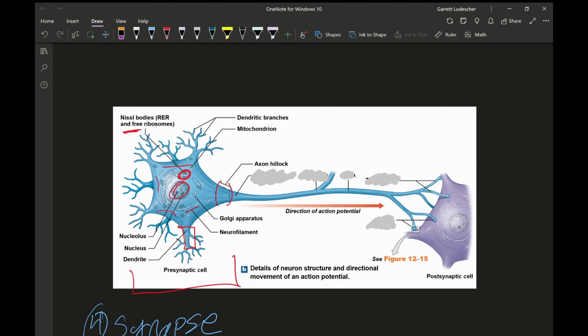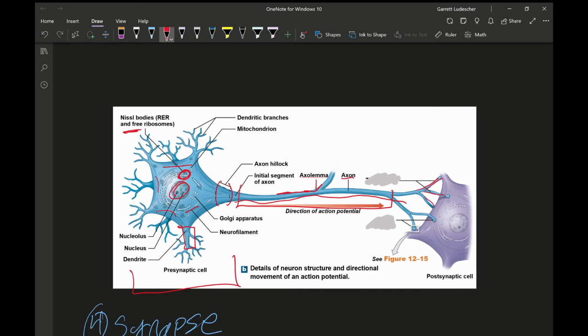And then this area over here is the axon hillock, which connects to the initial segment of the axon. And then this whole section right here is the axon. And it looks like this line is pointing to the edge of the axon, which would be the axolemma.